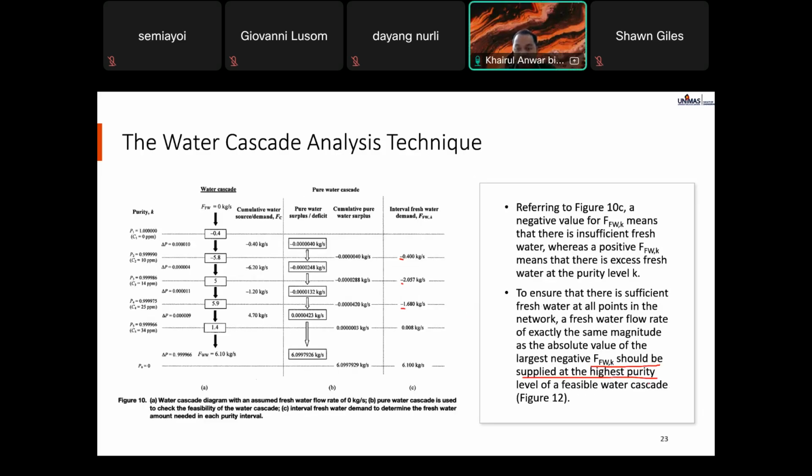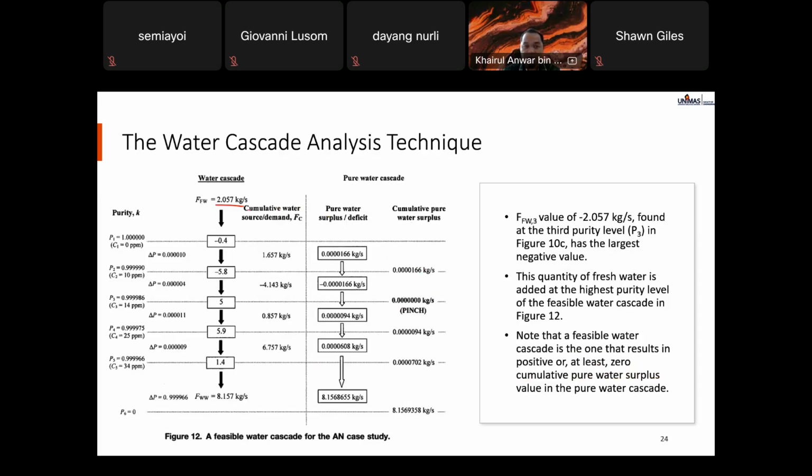So from here we found that at the pinch, the fresh water supply is very negative, 0.57 kg per second. So this value goes to here, like this.